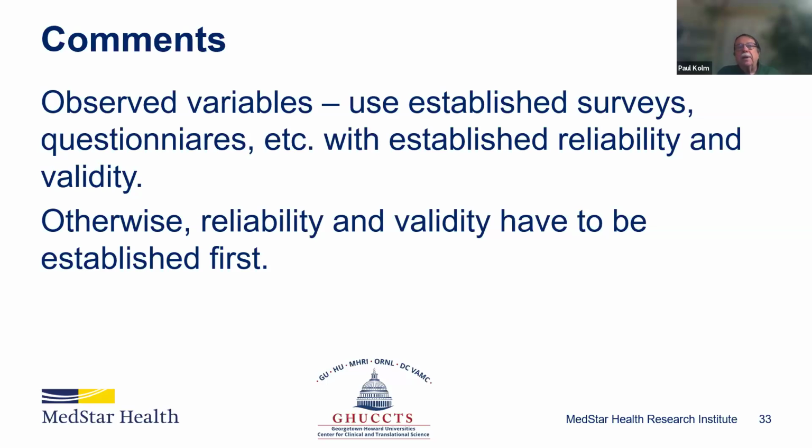If you just make up some questions or scales yourself, then you're going to have to demonstrate reliability and validity of that measure before you can use it. And that's actually true if you're just doing straight up hypothesis testing. So it's always best to find measures that will be relevant to your study, but have been established as questionnaires that have been used in research.